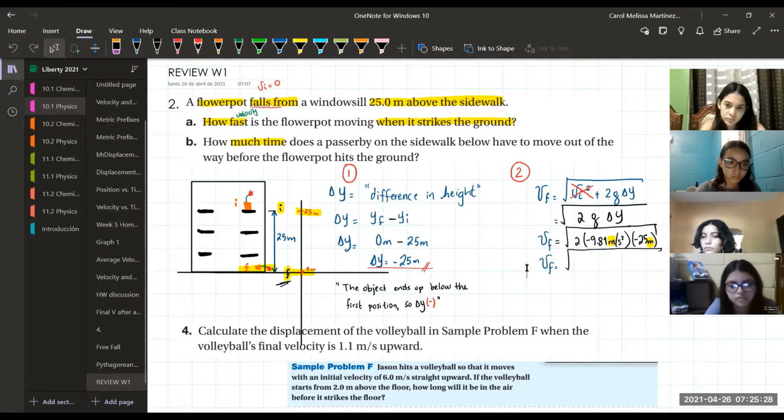So, here, negative and negative is going to give you a positive. And multiplying 2 times 9.81 times 25 gives you how much? 490.5.